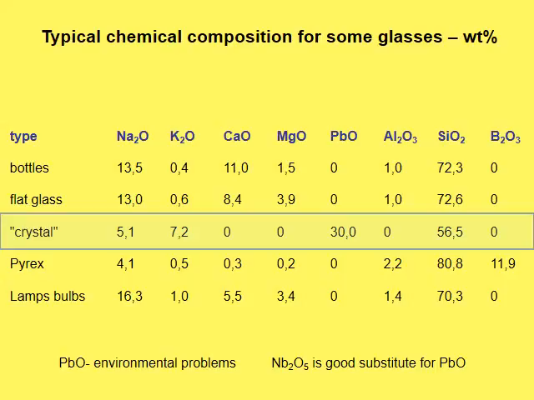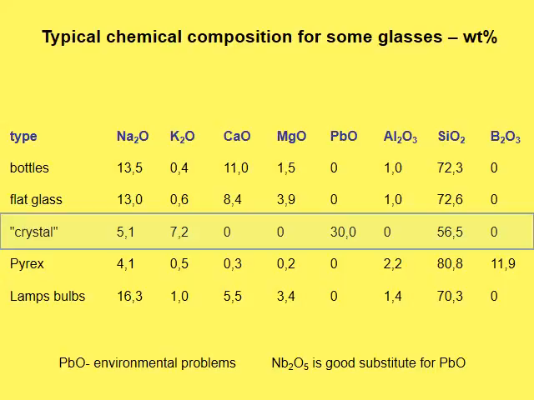The high refractive index is due to the almost 30% of lead oxide added to the glass composition. The refractive index of ordinary glass is around 1.5, while with the addition of lead oxide the value of 1.7 may be achieved. In fact, these glasses with high lead content are called lead crystals.